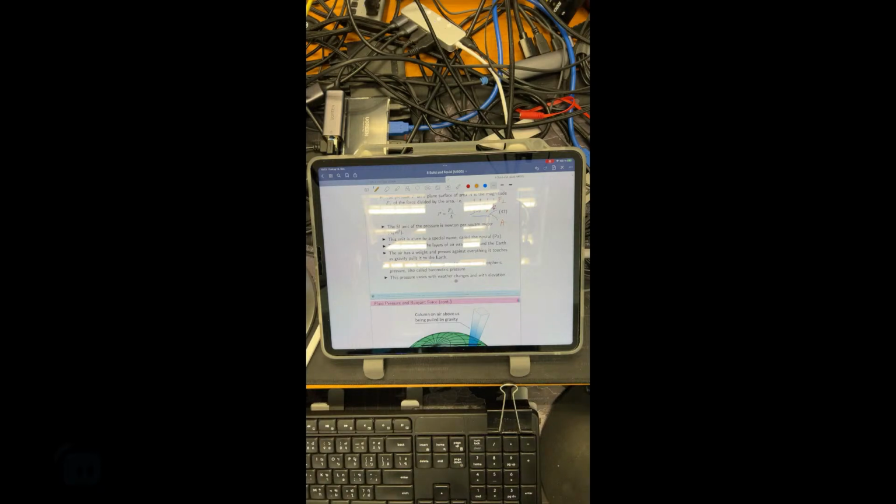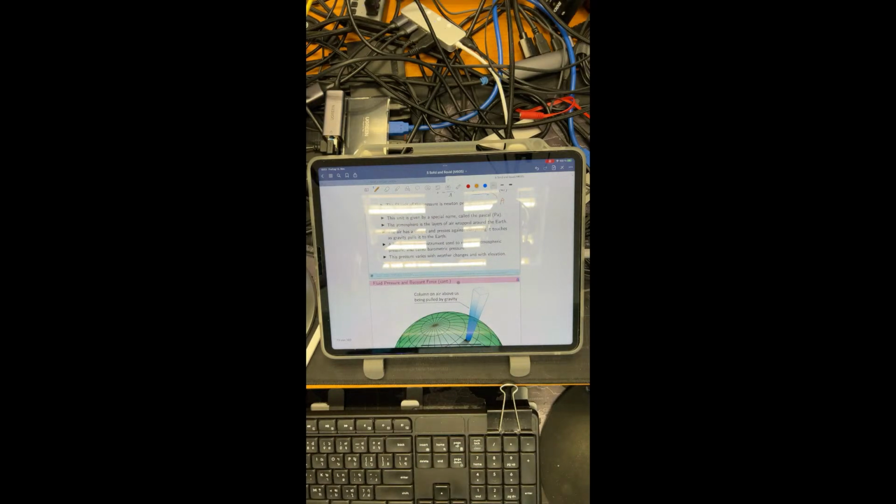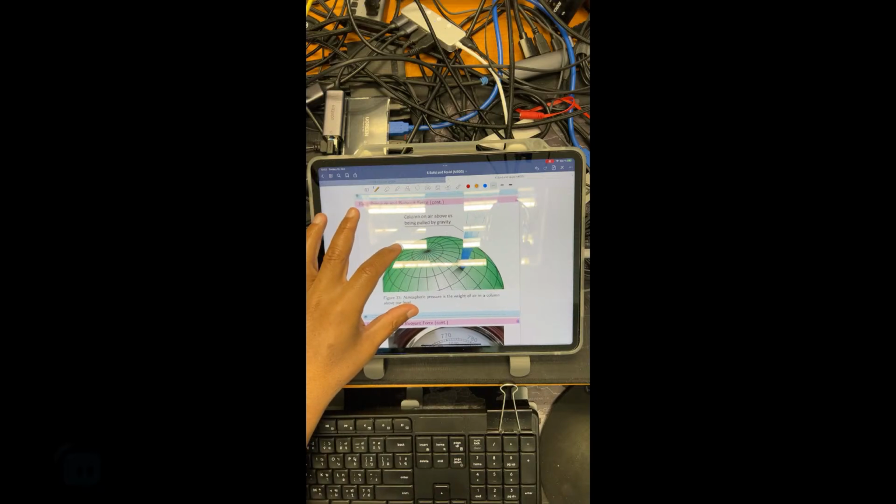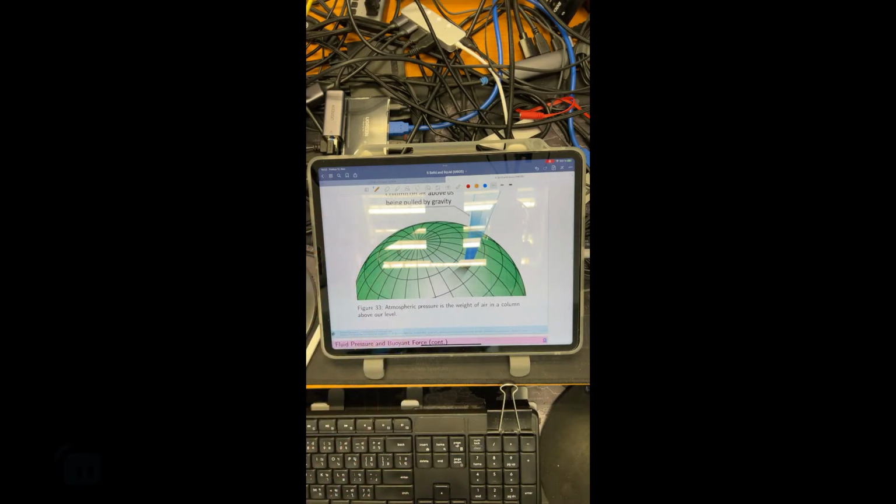This pressure varies with weather changes and with elevation too, right? Okay, it changes with weather and elevation. If you cannot imagine, let's take a look at this figure. Okay, we have the Earth, right?